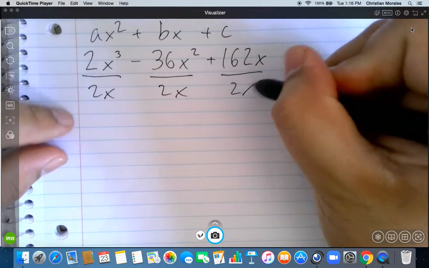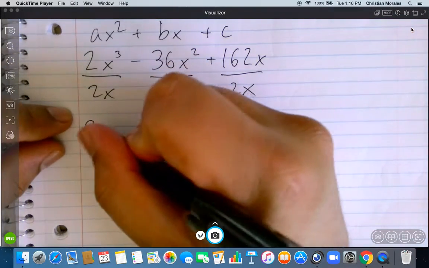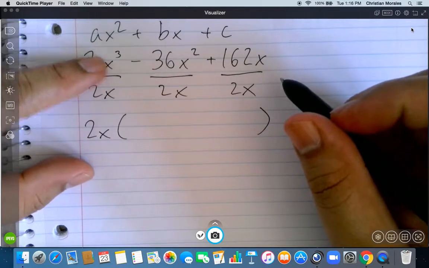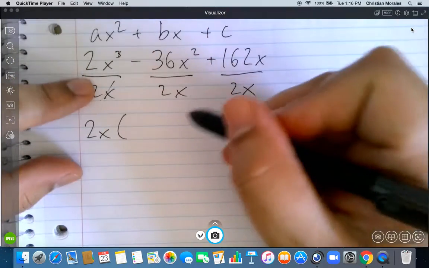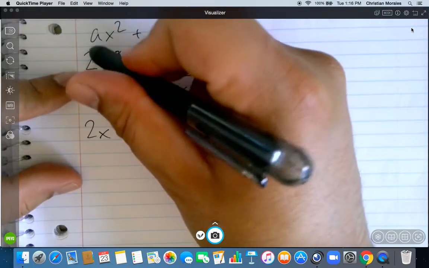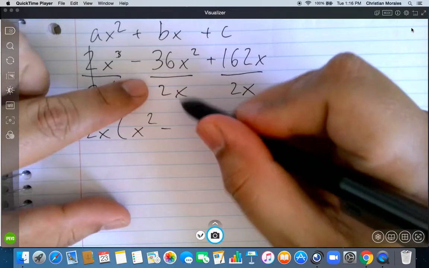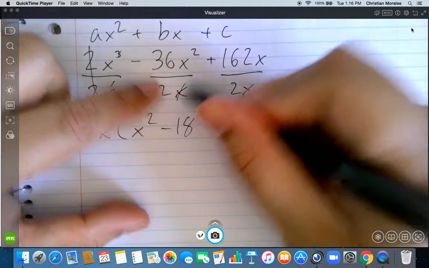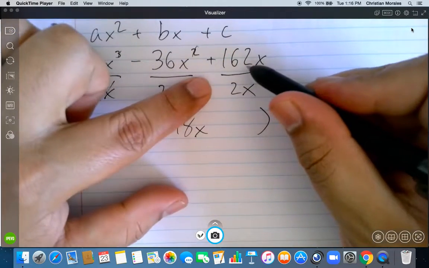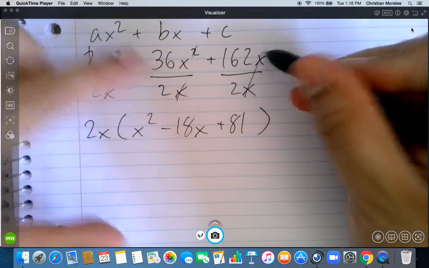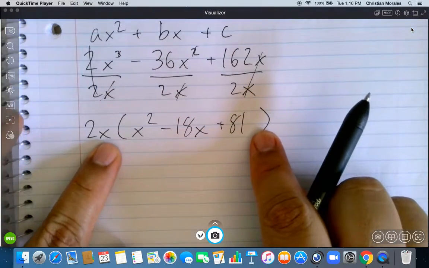So if we take out 2x, that's your GCF. What would be left inside would be x squared here. The 2's cancel out. Minus 18. 1x cancels out. And plus 81. The x's cancel out. So you get this.